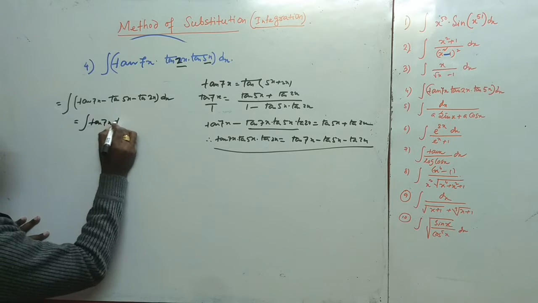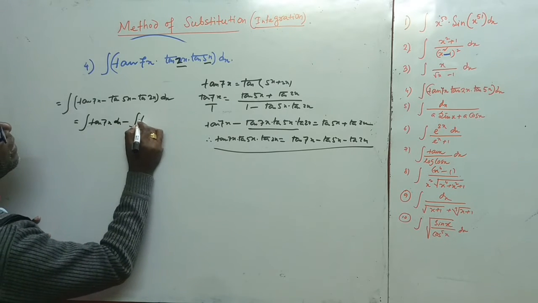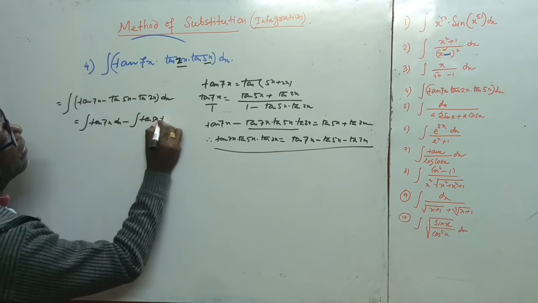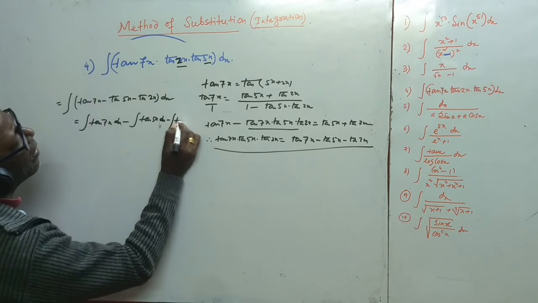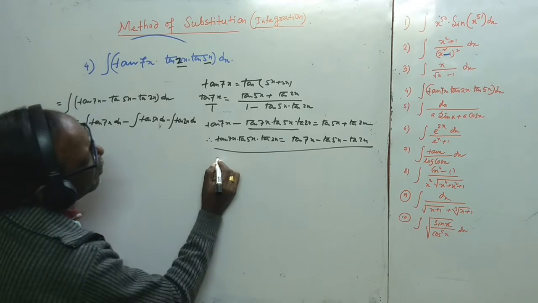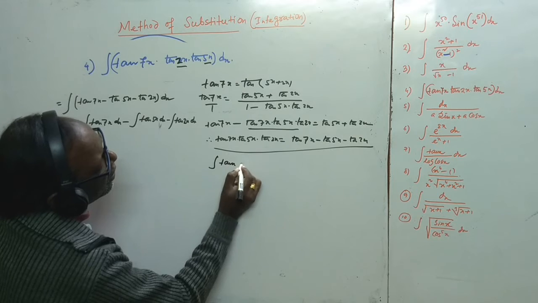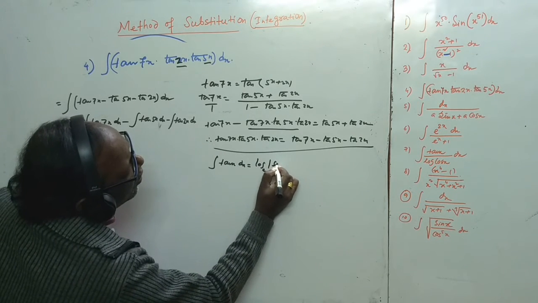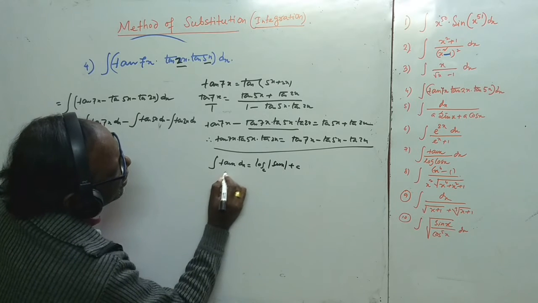And now separate the integral like this. Okay, now the formula of integral of tan x dx is log to the base e mod sec x plus c.